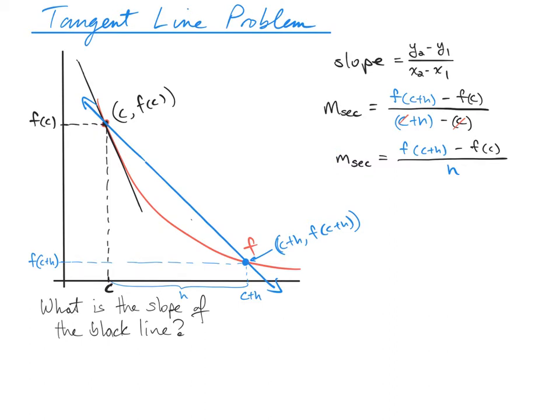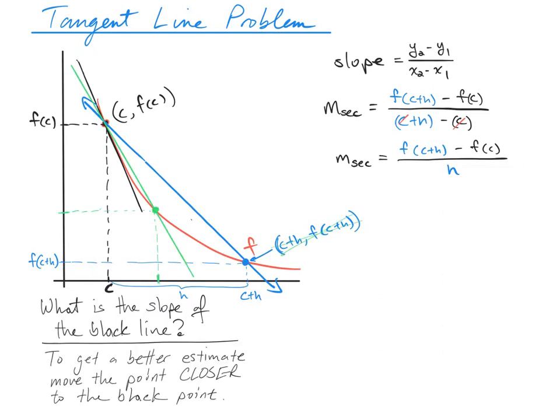It's been a few minutes since I mentioned that the slope of this blue line is less steep than the slope of this black line. So it's not a very good estimate for this slope here. How can we get a better slope? To get a better estimate of the slope, you want to move that point closer to the black point.